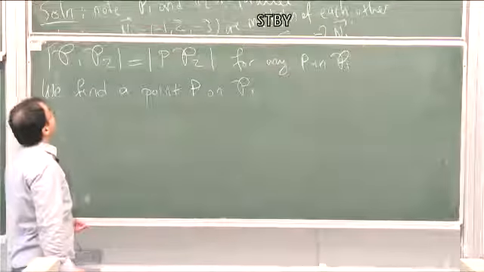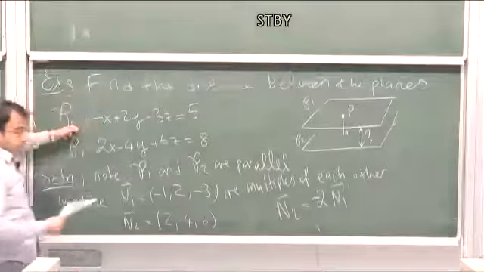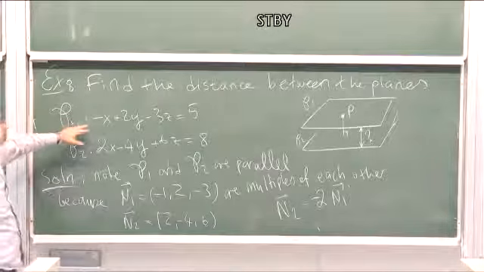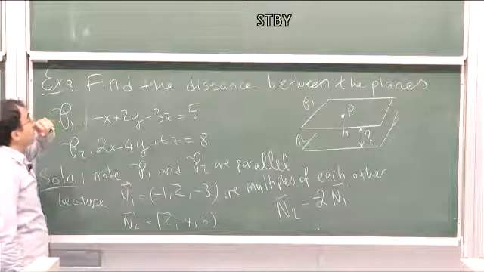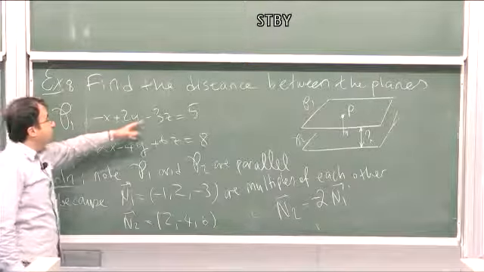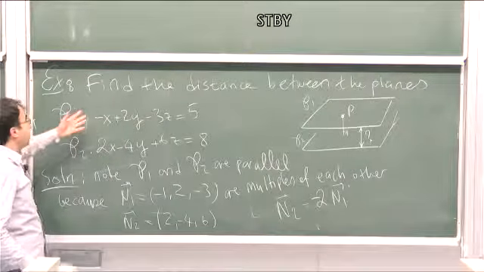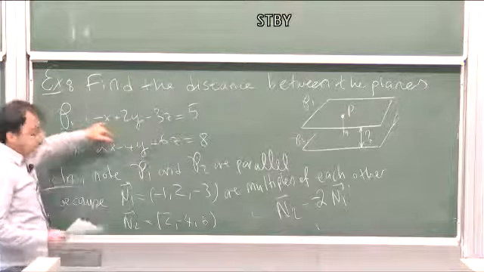Well, remember, to find a point P on this plane, all I need is to find some values satisfying this equation. For this, we usually give values to two of the variables and find the other value. For example, for convenience, let's put y equals 0, z equals 0. Then what would be x?